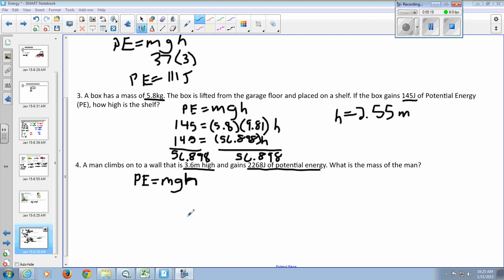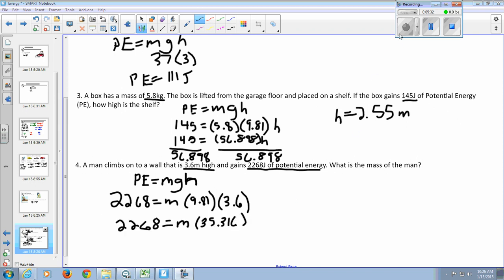In this case, we have the height, we have the gravity, we have potential energy, and we're going to solve for mass. Plugging those numbers in looks like this. And then we're going to multiply 9.81 times 3.6, divide both sides by that answer. Mass is equal to 64.2 kilograms.